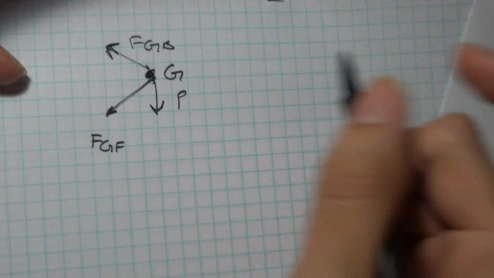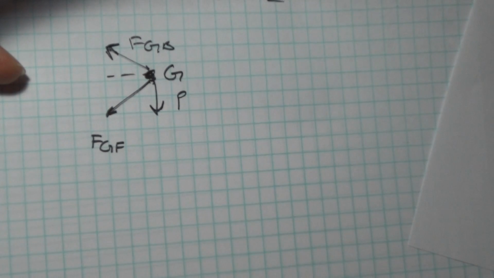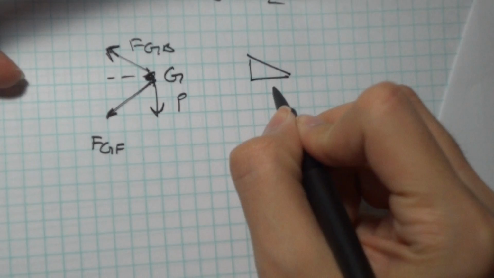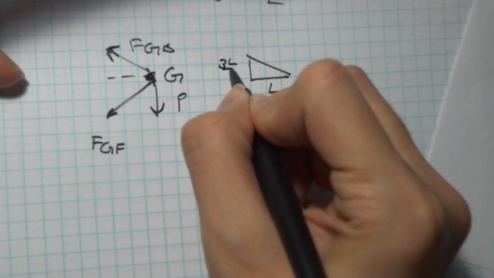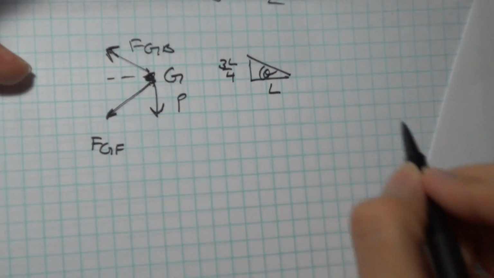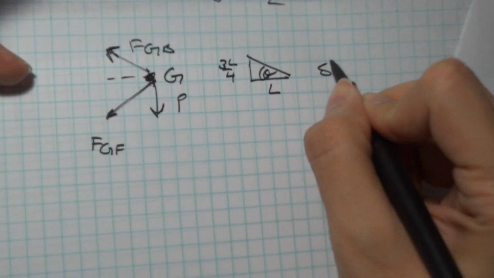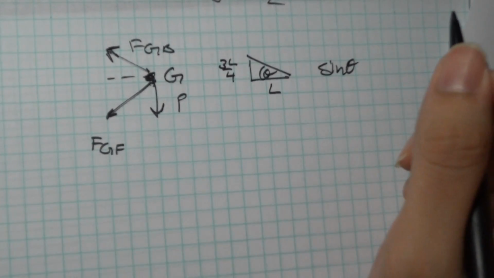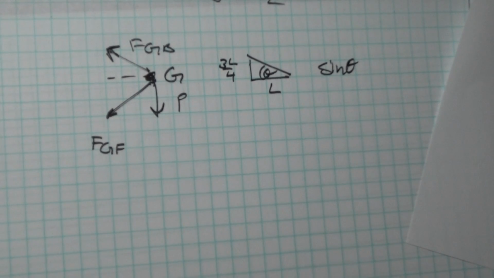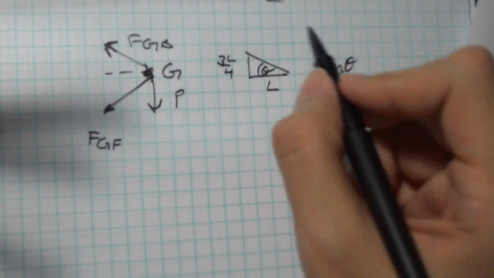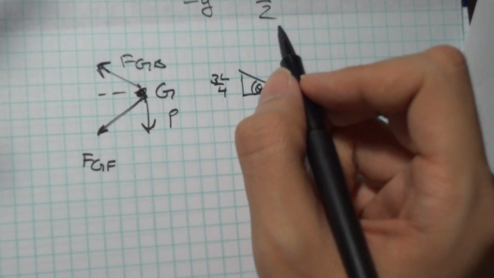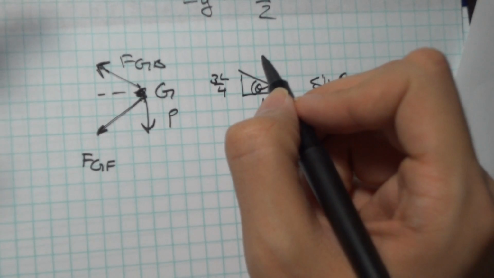So here I have this. Our triangle looks like this, right? This is L, this is 3L on 4. If I call this theta, then I'm going to find that my sine theta, I thought I had written this down already, but I'll find that this one up here is actually equal to, I believe, 5L on 4.